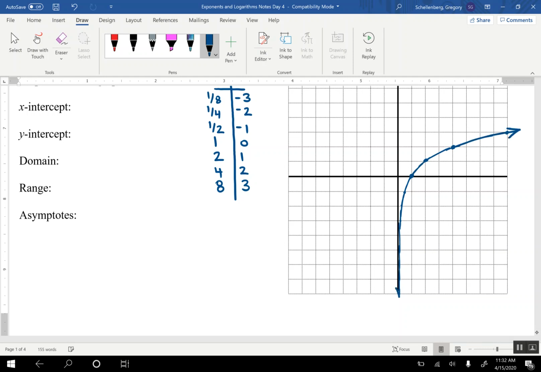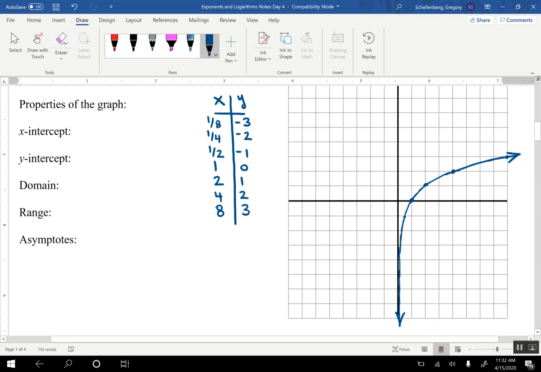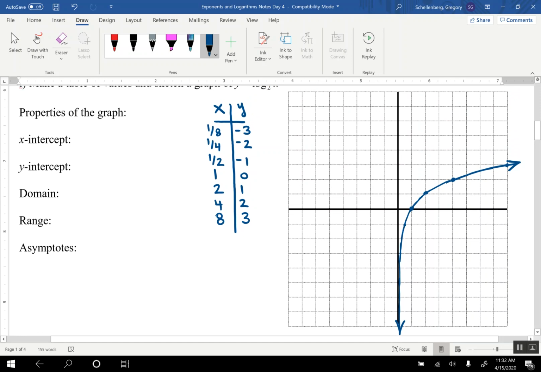Okay, so we should end up with something like that. And so let's talk about some of the properties of this function. So x-intercept, we have an x-intercept at 1.